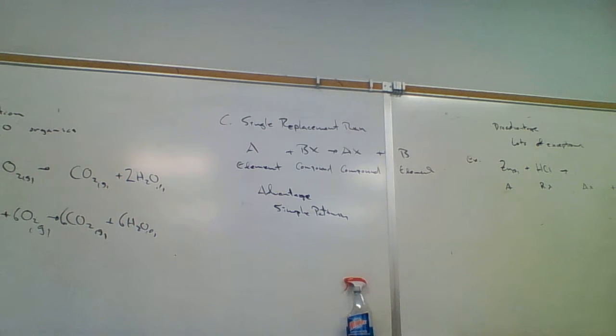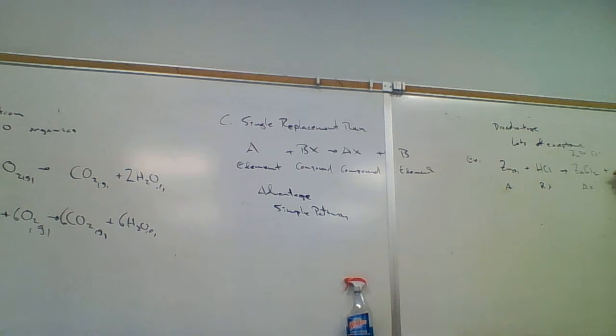What are the common charges of zinc? 2 plus. Just 1? 2 plus, 3 plus? Actually, zinc is fixed charge. There's only one charge of zinc, and it's Zn2 plus. Chloride is a Cl minus, so the correct ratio would be ZnCl2. So we're going to form zinc chloride.